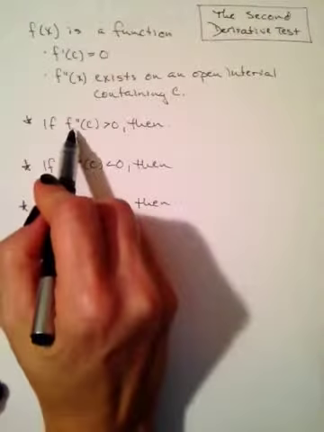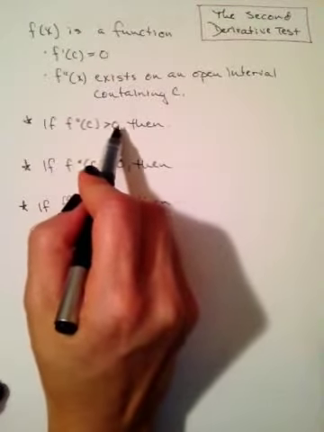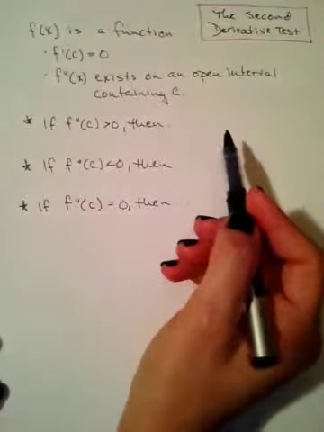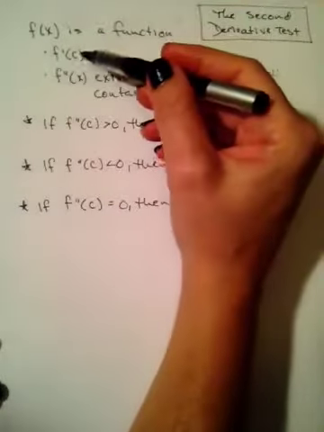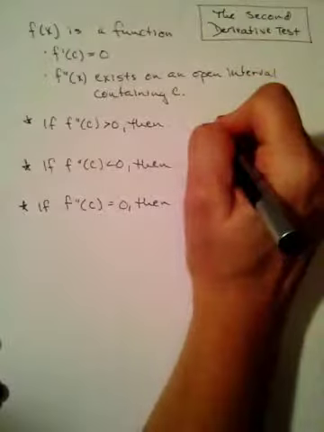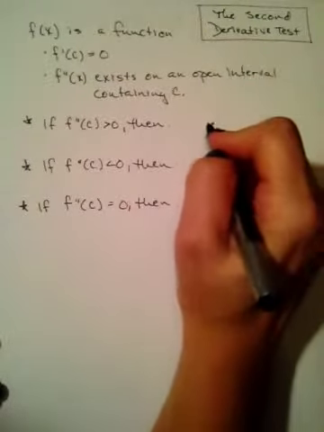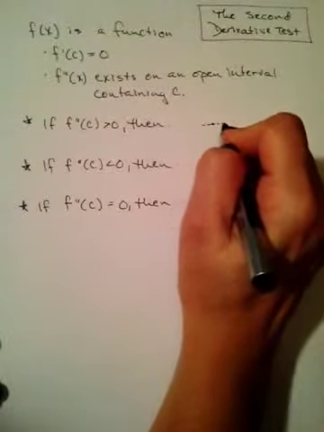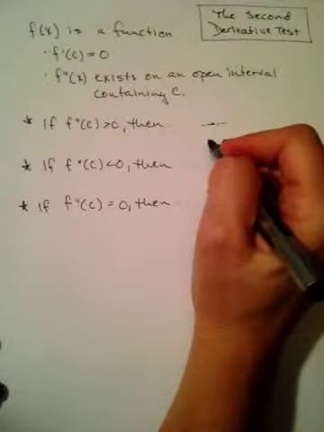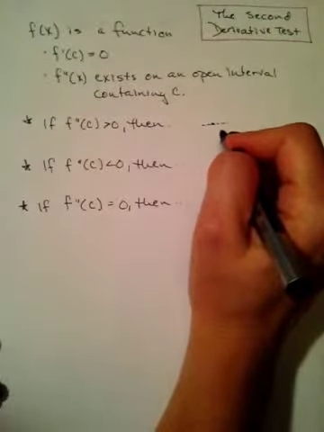It says if the second derivative is greater than 0, then we know something. So what's going on here is that at c, our first derivative is 0. So basically, here's your point, and if your first derivative is 0, then I know that the slope of the tangent line is going to be 0, so my graph flattens out.